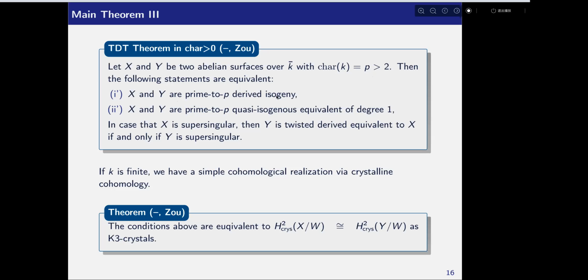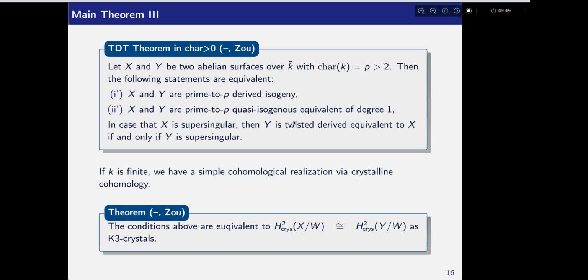I should say that derived isogenous just means twisted derived equivalent. In our paper, sometimes we also call this derived isogenous, following Yang, but this is just a twisted derived equivalence. And this is equivalent to X and Y being prime-to-p quasi-isogenous of degree 1.